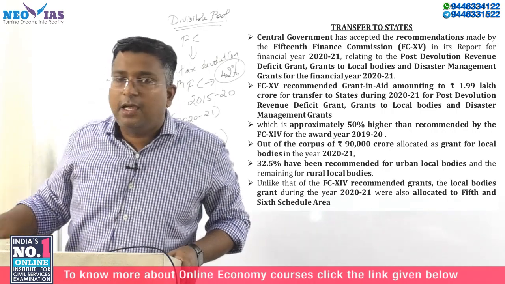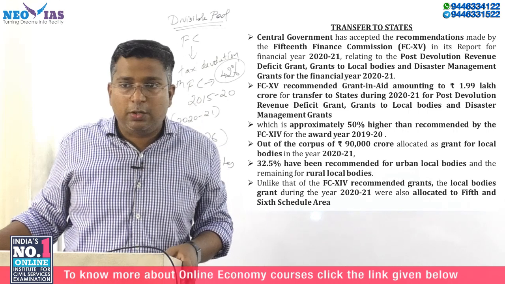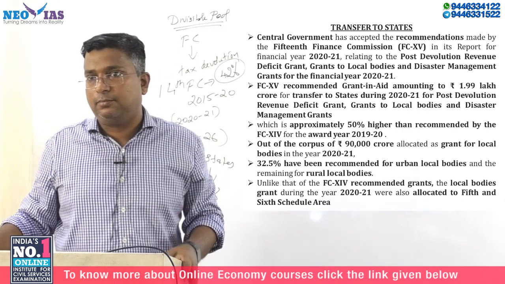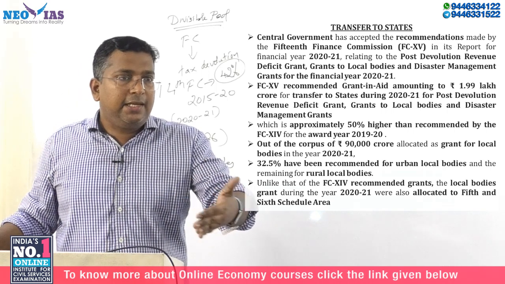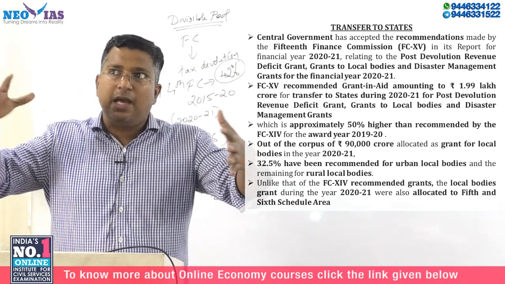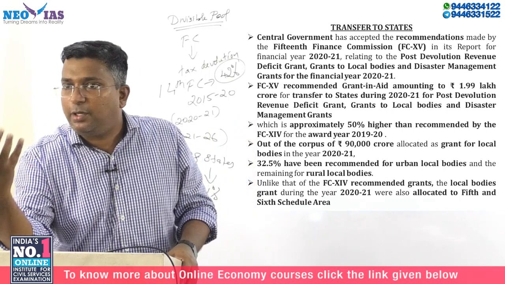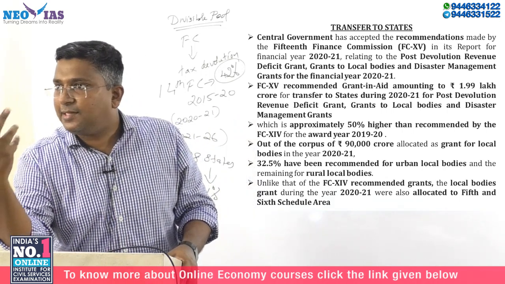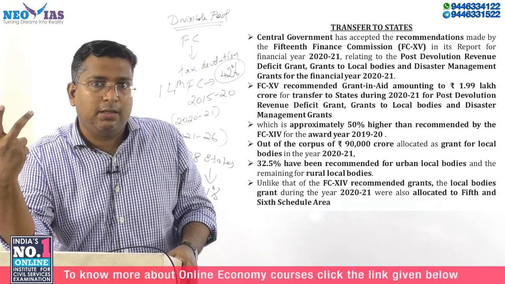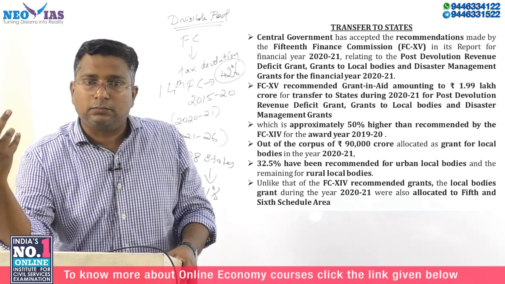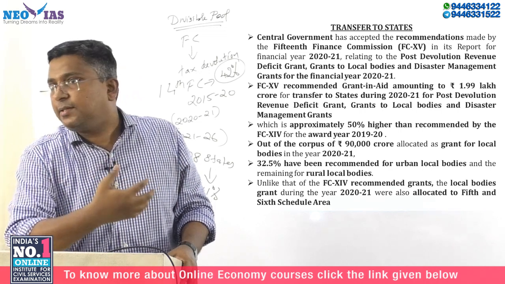Other than tax devolution, the second important function of the Finance Commission is that it will recommend different grants. Understand that state revenue is very less compared to the center, but the state has very important responsibilities.